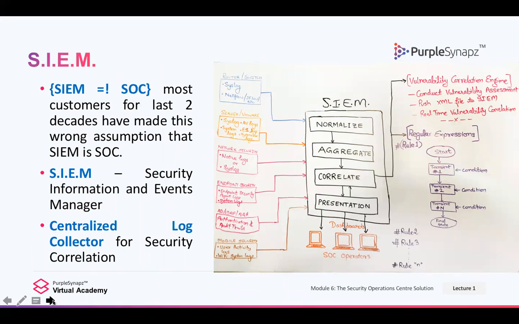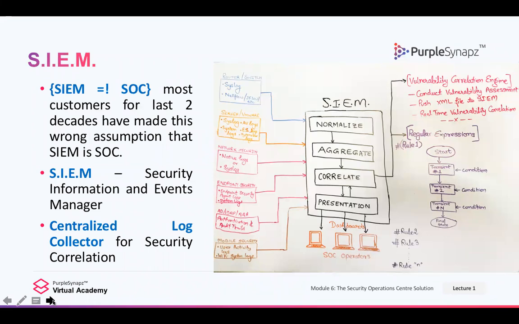When I'm writing this rulebook, each rule is like a state machine, which has a start point and an end point. Between start and end, the regular expressions are fitted to see if this has happened.